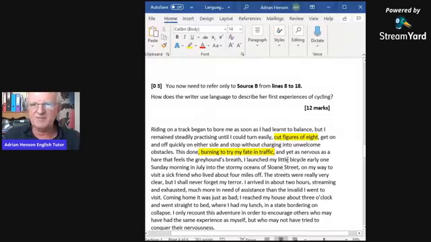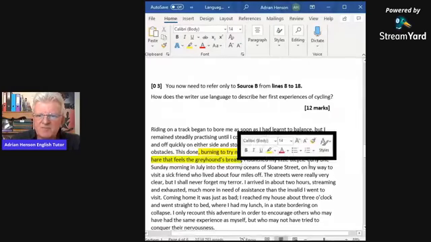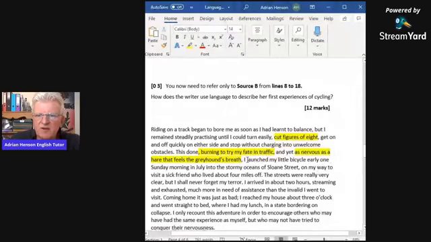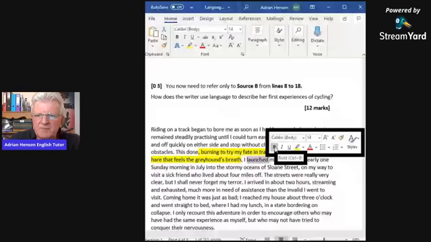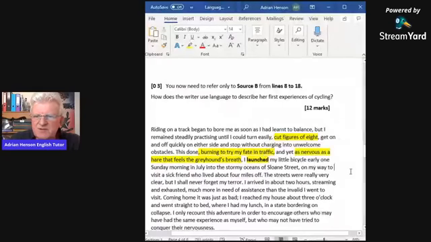And then, "as nervous as a hare." So there's all sorts of language features. Even keywords like "launched" is an interesting word from Victorian time. I would probably make that bold because it's quite an interesting one. And then "launching into July into the stormy oceans of Sloane Streets."